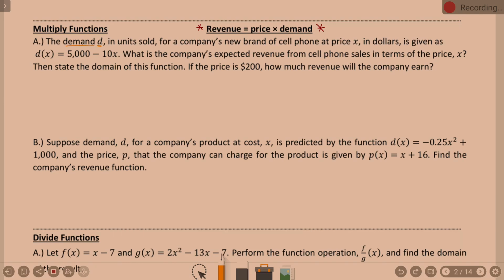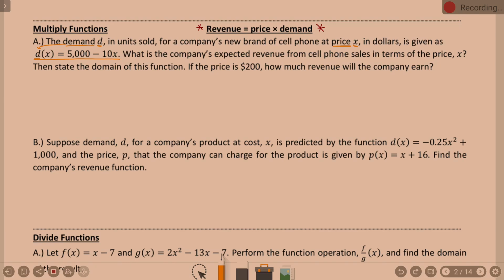X stands for price. In dollars, is given as D of X equals 5,000 minus 10X. So they gave us a formula here. What did they give us a formula for? D, which is demand. So there is an equation for demand.